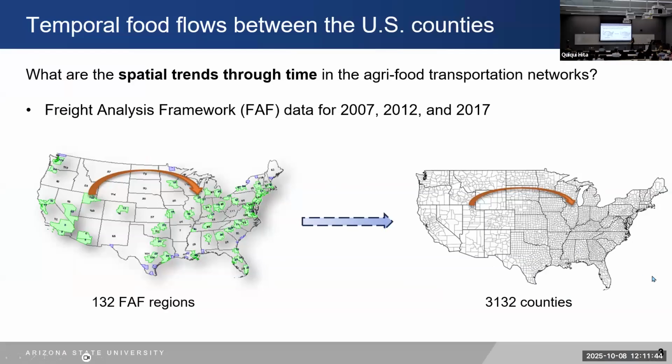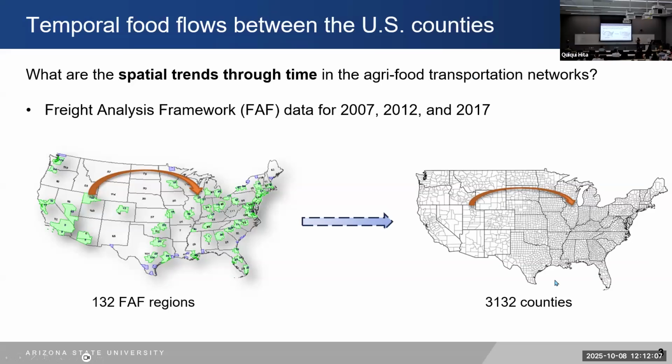For example, if you think about Arizona, it's going to be Phoenix, and then Tucson, and then the rest of Arizona, three FAF regions. So from around 50 states, we come up with 132 FAF regions in the US, and the government records how much food and which type moves along which transportation infrastructure between them.